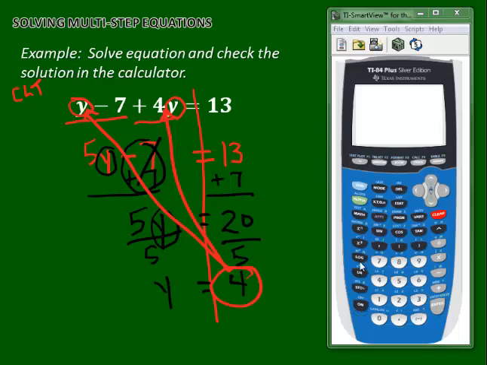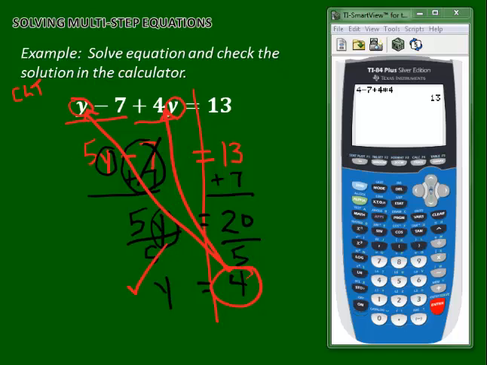I'm going to put 4 minus 7 plus 4 times 4, and press enter, and I hope it's 13, and yes, it is 13, so our answer is correct. So we'll put a big check there and show that it's correct.